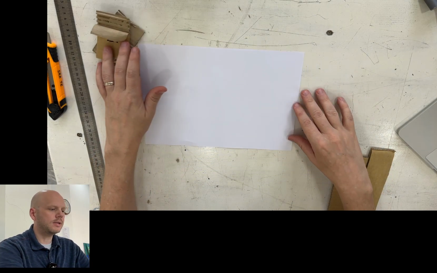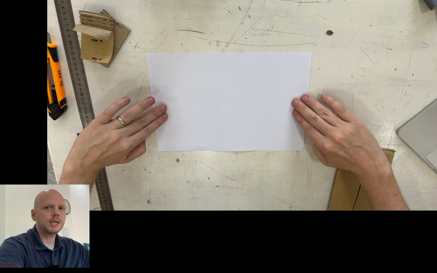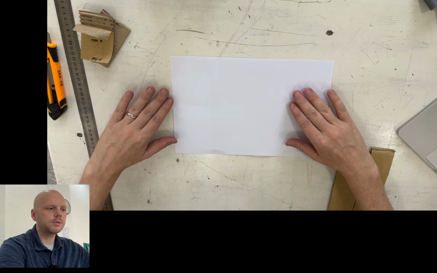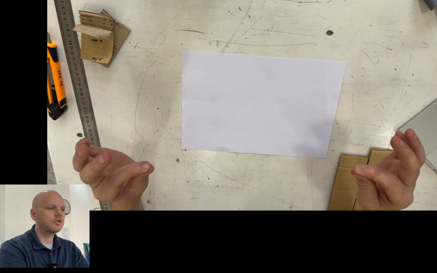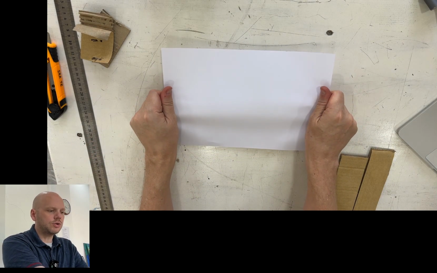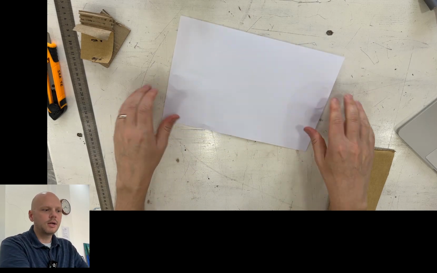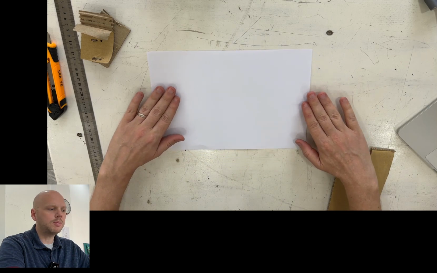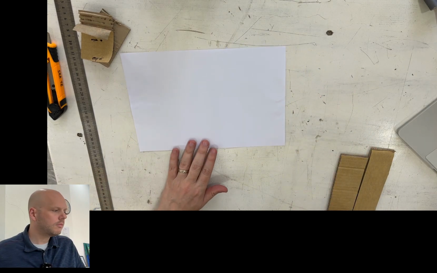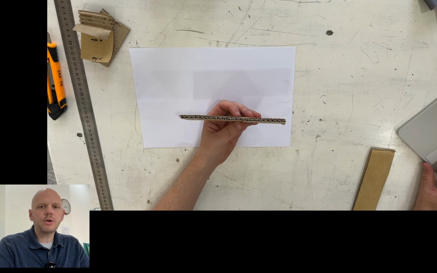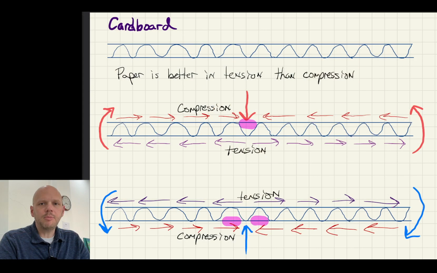If I take this paper and try to smush it together, it can't take very much force before it buckles. It would be like taking a piece of string. I can pull hard on the string, and it's got a lot of strength if I pull on it, but if I push on that piece of string, it doesn't have much strength at all, and paper's the same way. So we need to think about that whenever we're thinking about how to load that paper.